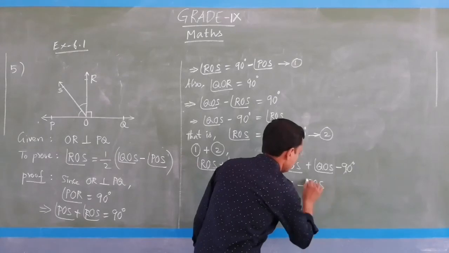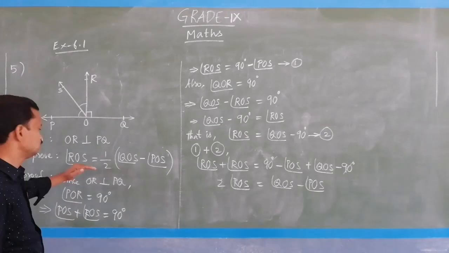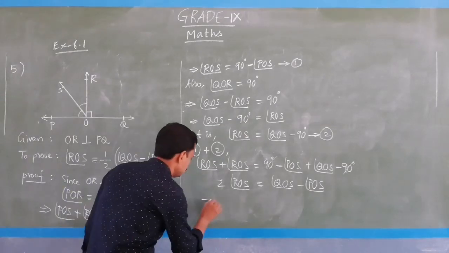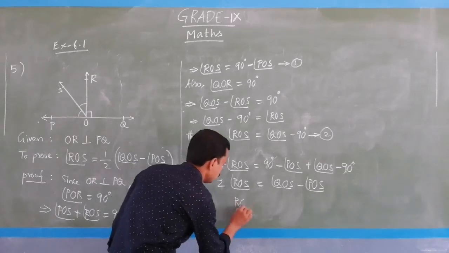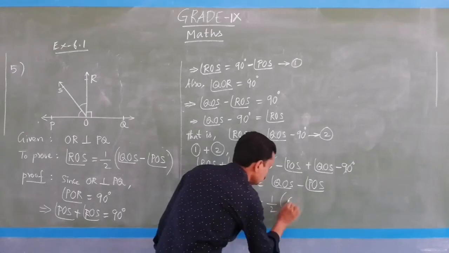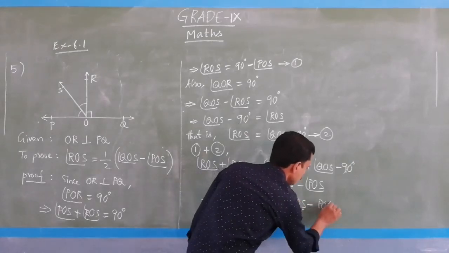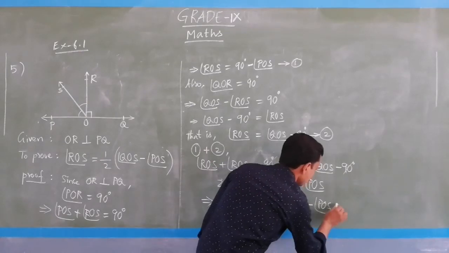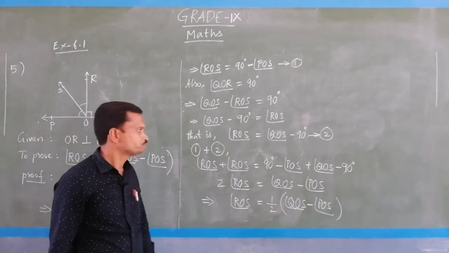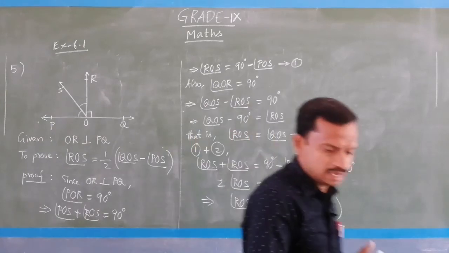Now we are nearing the proof, and you take 2 to the right side, what happens? This implies angle ROS is equal to 1 by 2 into QOS minus POS. Now, I think you understand clearly. So this is the way to prove it. Next sum.